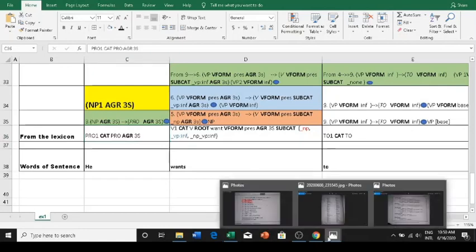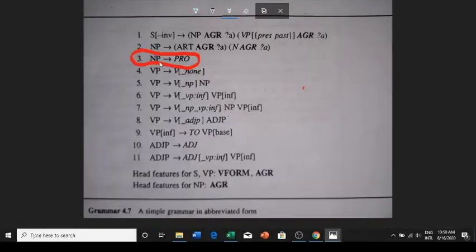So in the case of rule number 3, what all things are shared between NP and pronoun? Between NP and pronoun, the AGR value is shared, right? Because NP is the mother, and pronoun is italicized, the head constituent, so they have a common AGR feature which is not shown here. AGR will be present in NP as well as in pronoun.